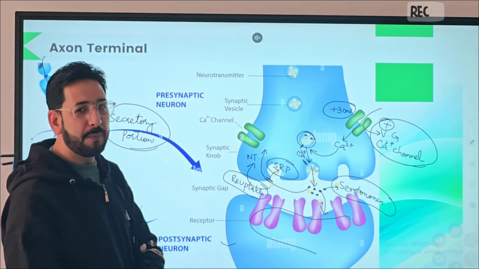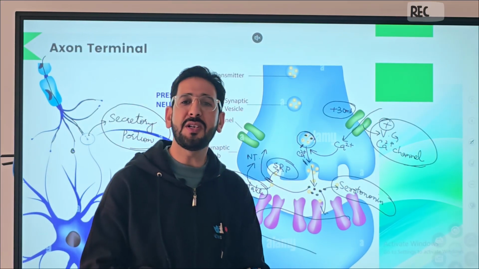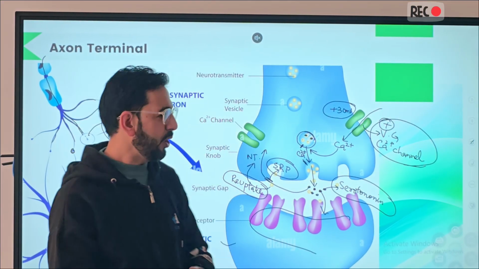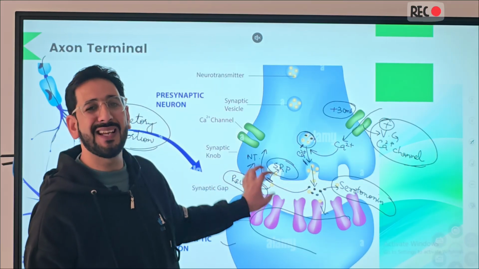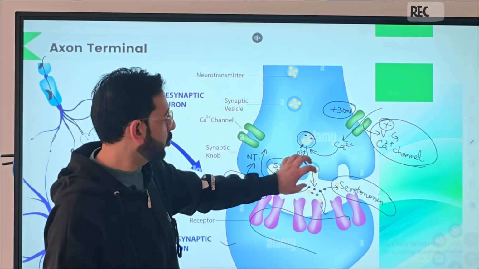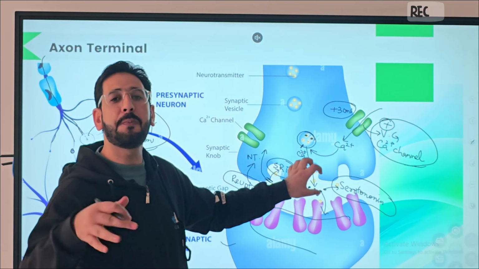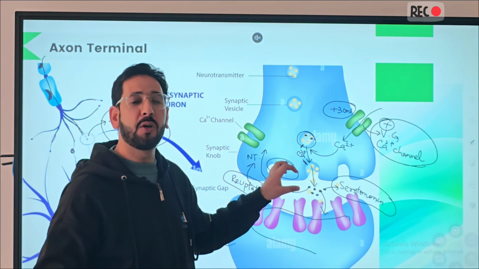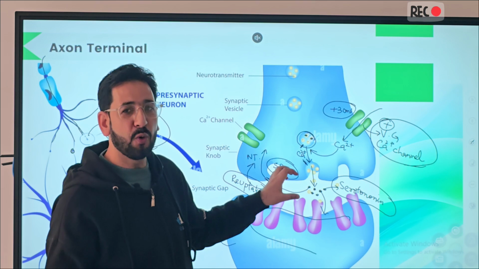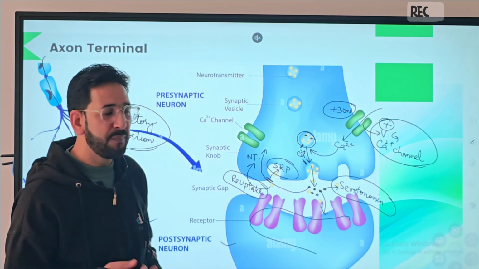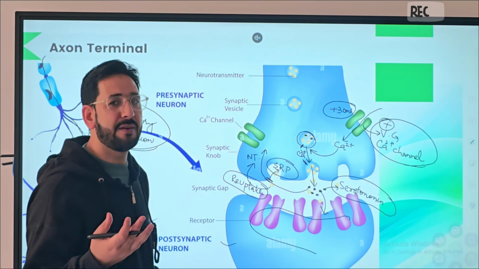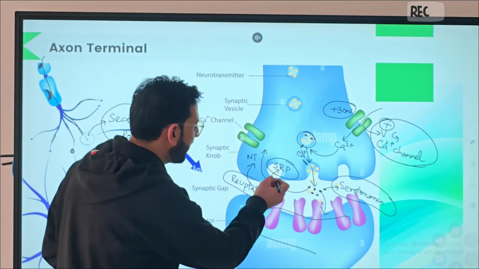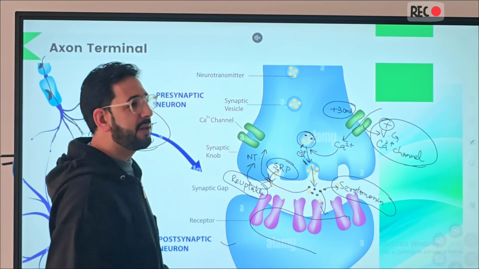Now, in case of depression or anxiety, we don't want this serotonin to be taken back. We want this serotonin to remain there for a longer period in order to make our mood good, in order to make us happy. So what we give are certain drugs, antidepressant drugs, and what they do is they inhibit this serotonin reuptake protein.